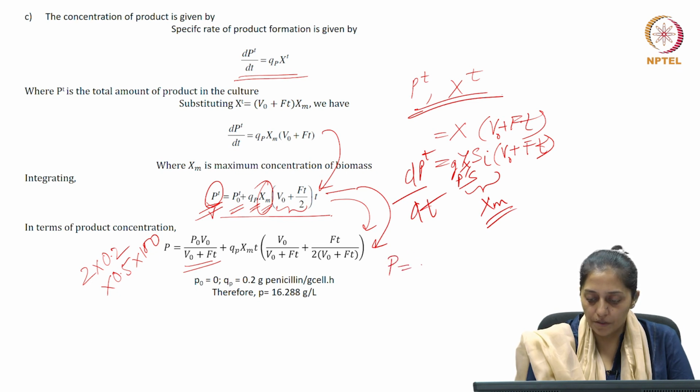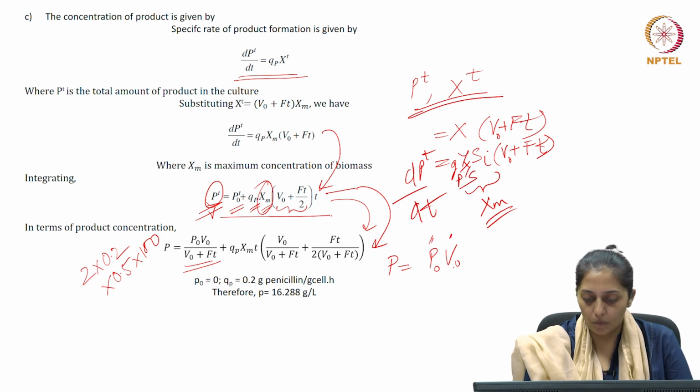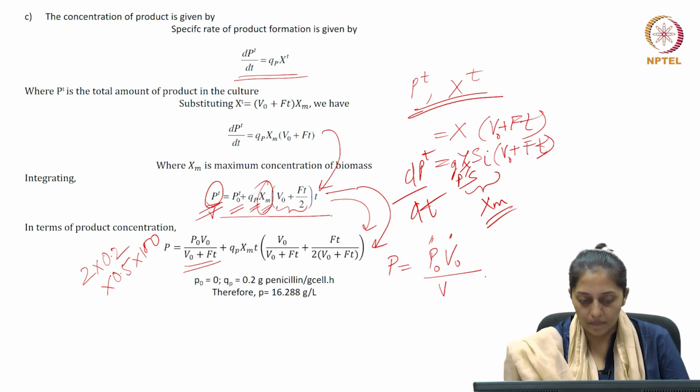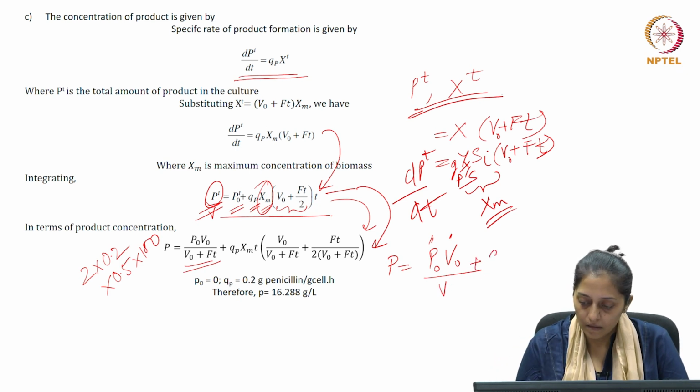So, your final concentration of product will be the initial concentration multiplied by the initial volume divided by the final volume, plus QP, the final biomass concentration, time, the initial volume plus Ft.